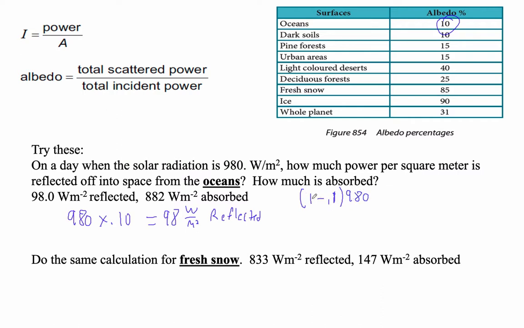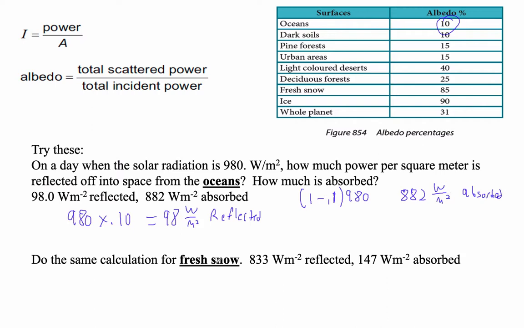Right, so it's the difference, the remainder, or what do you call that? Okay, so parentheses 1 minus 0.1, or I could, by the way, just go 0.9 times 980. But I'd rather do this because I feel like I'm doing something fancier. So that's 882 watts per square meter, and that's absorbed.